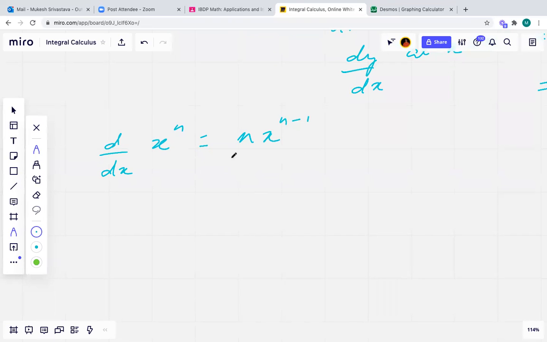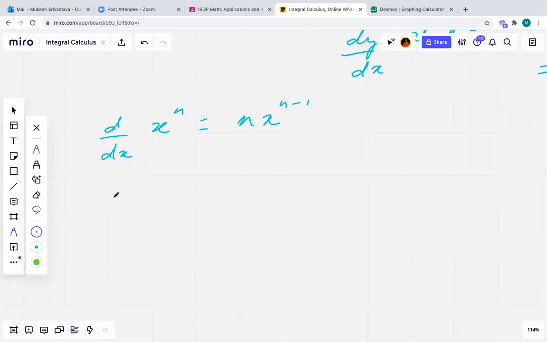Which means if I have x raised to 5, d by dx of x raised to 5 is 5 times x raised to 5 minus 1. Correct.